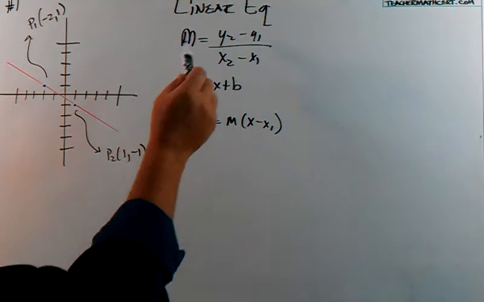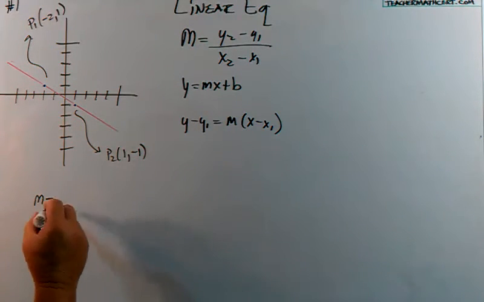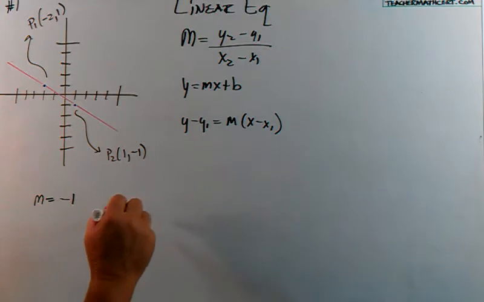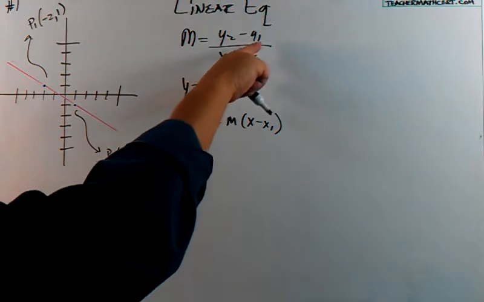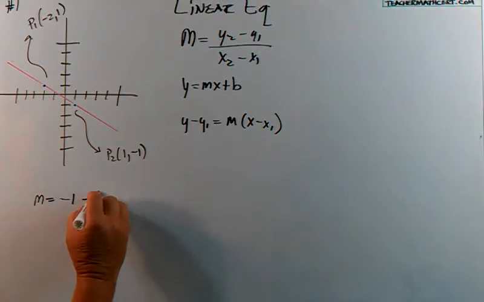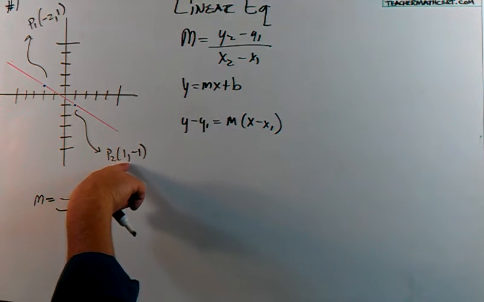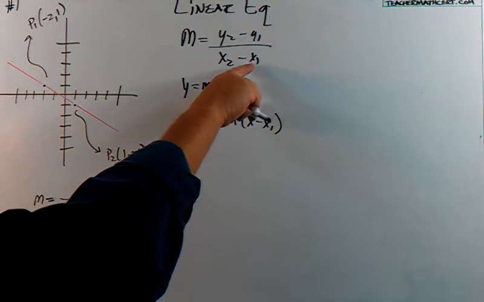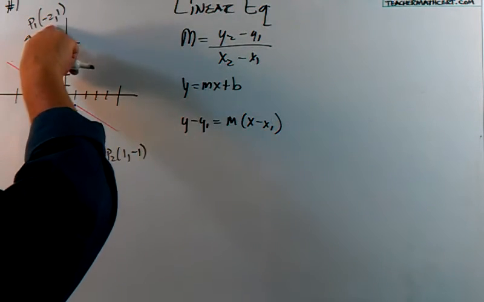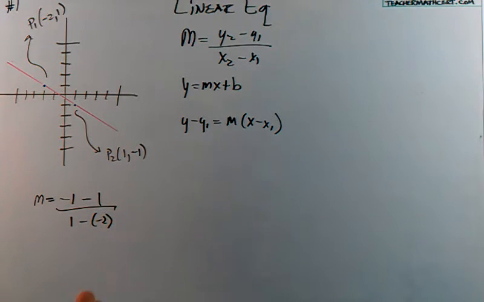Okay, y sub 2 is going to be minus 1, so m is equal to minus 1 minus y sub 1, which is 1. X sub 2 is going to be 1 minus x sub 1, which is going to be minus a minus 2.